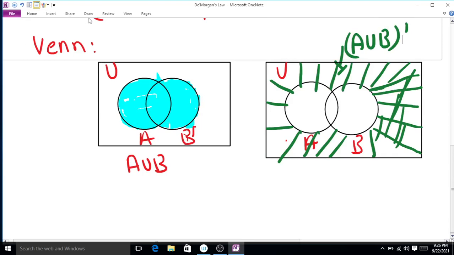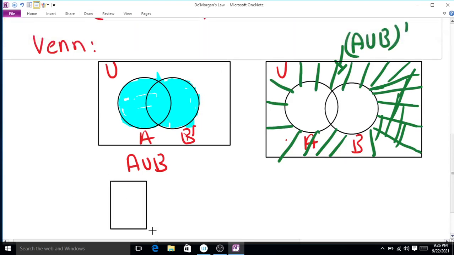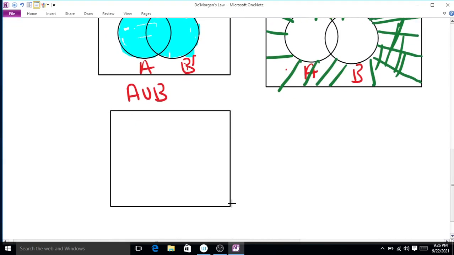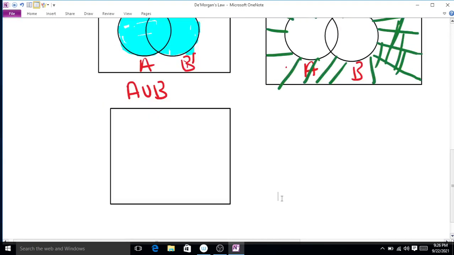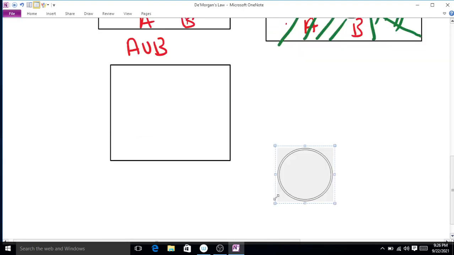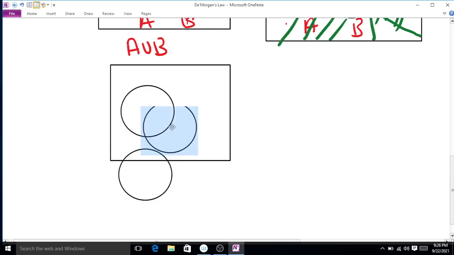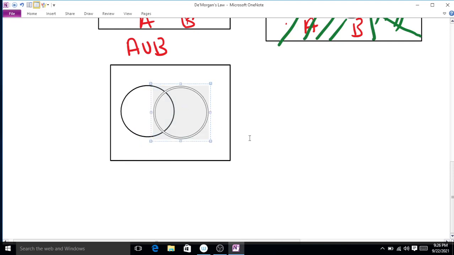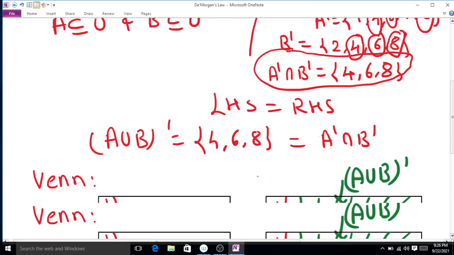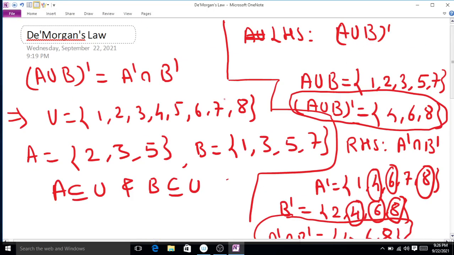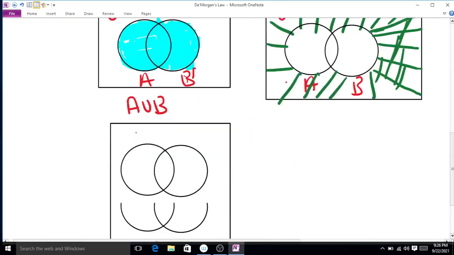Similarly, we want to determine the right hand side. So, consider set A, then set B. Now, on the right hand side, we want to determine A complement intersection B complement.